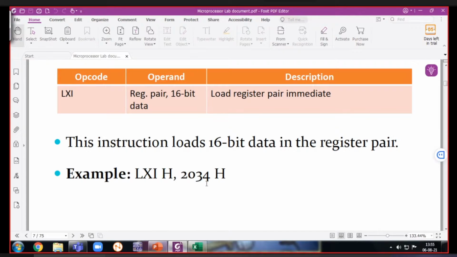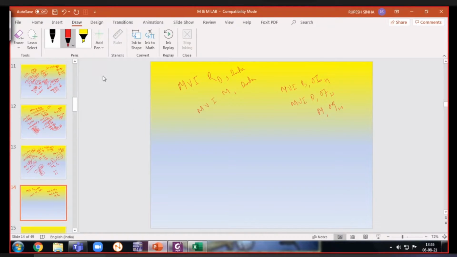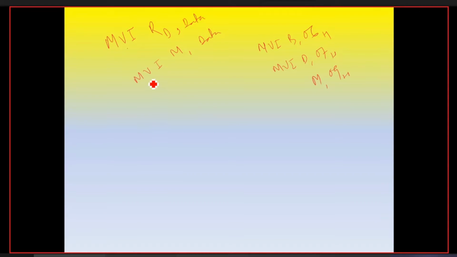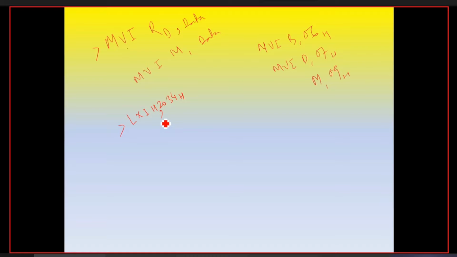LXI H 2034H. While executing this LXI H 2034, it means the HL pair will store this value.